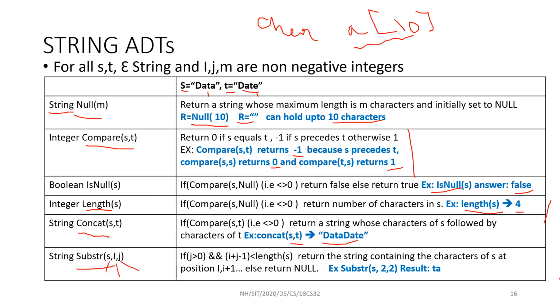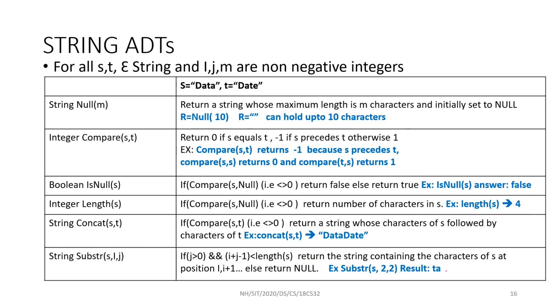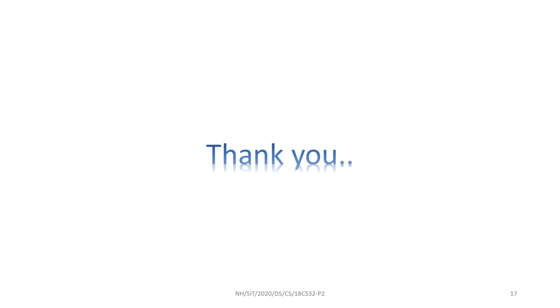If I consider S as my string, I have to extract 2 characters from position 2. 0, 1, 2. Here I assumed the starting index as 0. It all depends on you; accordingly, these codes will change. In this string data, I'm going to extract 2 characters from position 2: 0, 1, 2. Total 2 characters. That means TA is produced. That is the result. This completes strings. Thank you for listening.